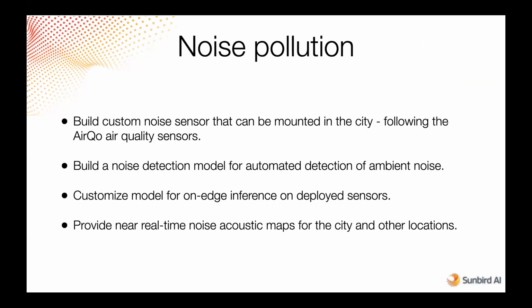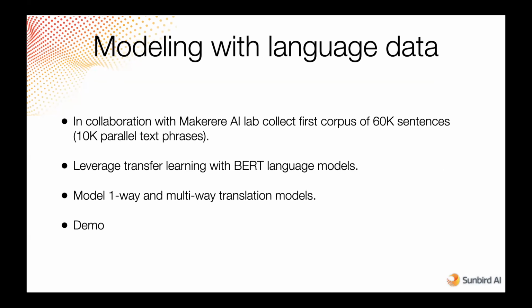All right, so some other projects we are doing. The language project is a type of project we call a resource project. It provides resources to other types of projects.